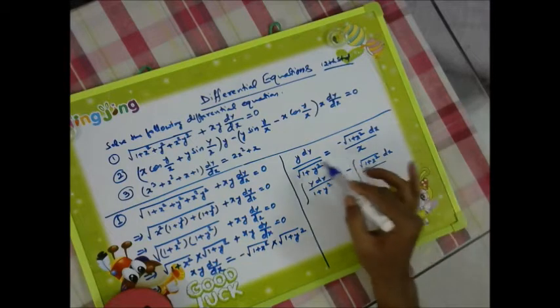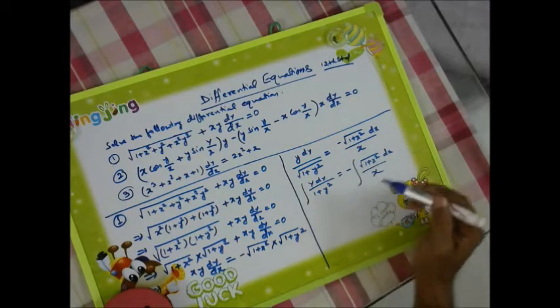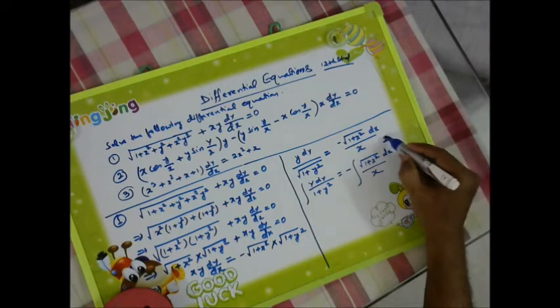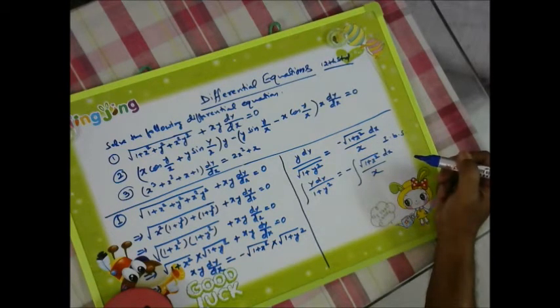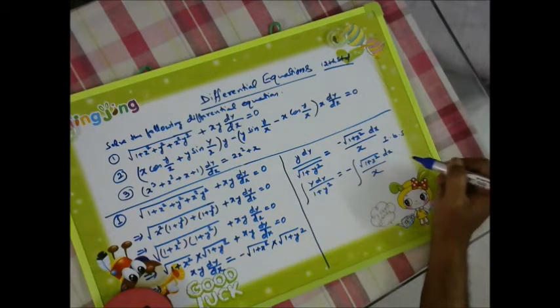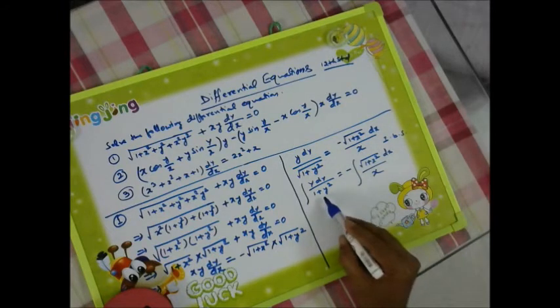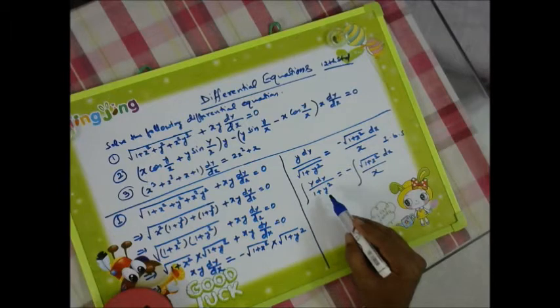Minus whole root, because we have taken integration both sides. So by integrating both sides, we have got this particular expression. Now here we can go for the substitution method very easily.